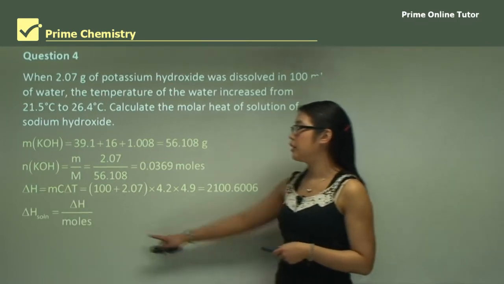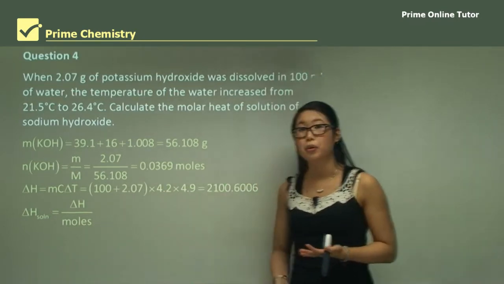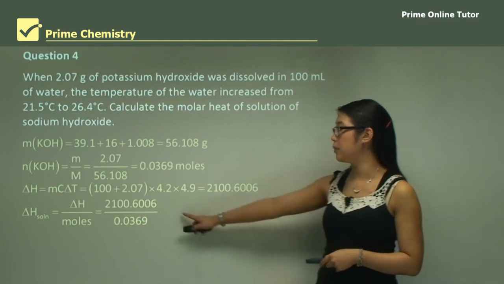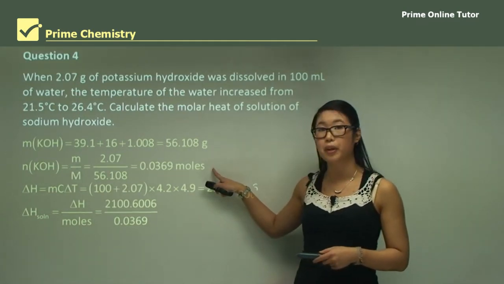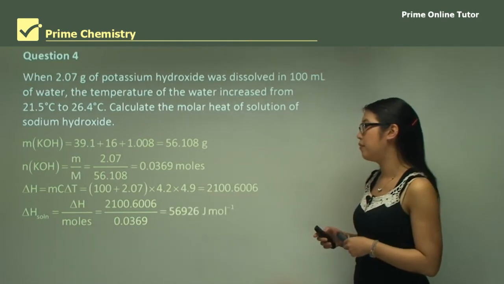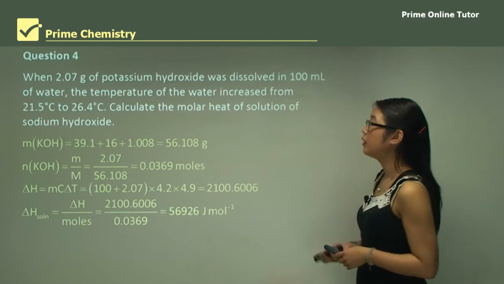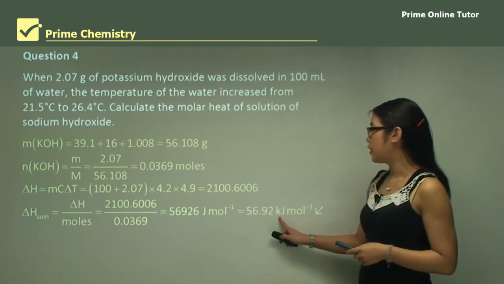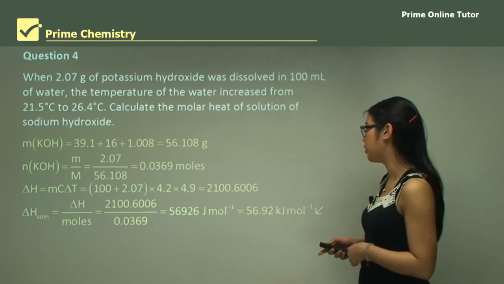And then to get the heat of solution, we need to divide it by the number of moles, because it's per mole. So this number from here, the ΔH, divided by the number of moles we calculated up here, and we get 56,926 joules per mole. When we convert that to kilojoules, dividing by 1,000 gives us 56.92 kilojoules per mole.